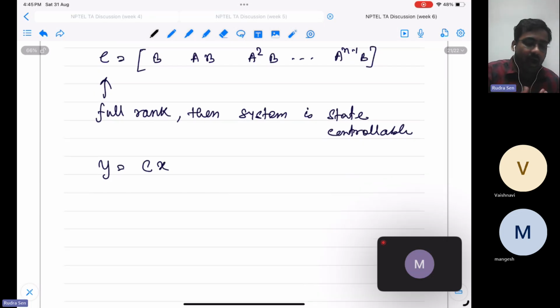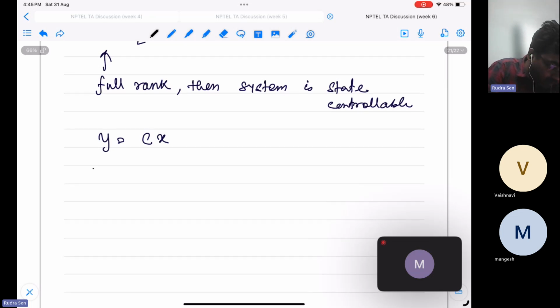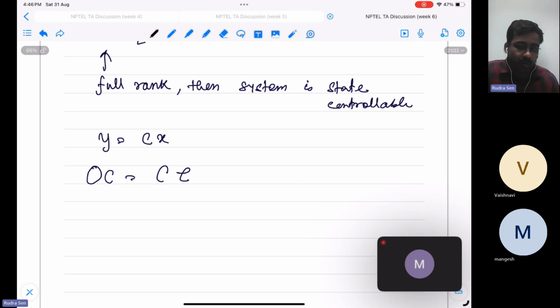For output controllability, what you should do extra is this: let's say the notation I'm using, OC, output controllability, is the C matrix multiplied with the controllability matrix.